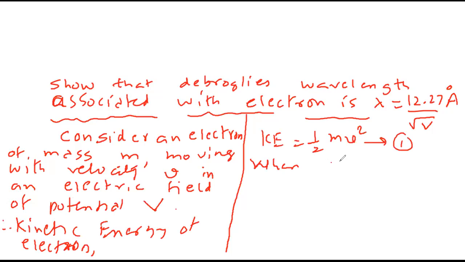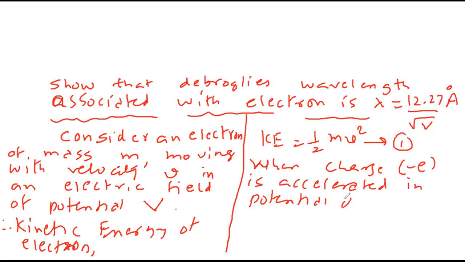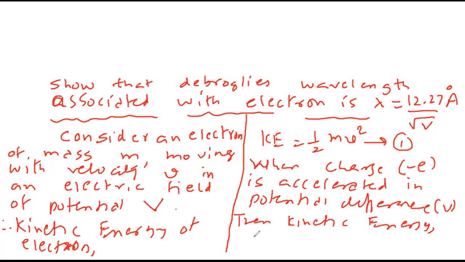When charge minus e is accelerated in potential difference V, then kinetic energy K.E. is eV, equation 2.